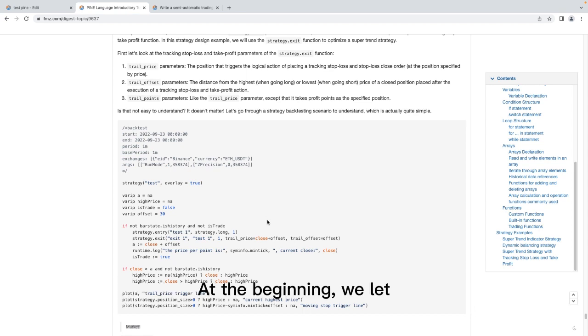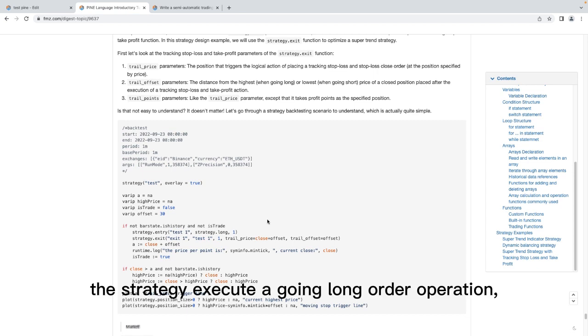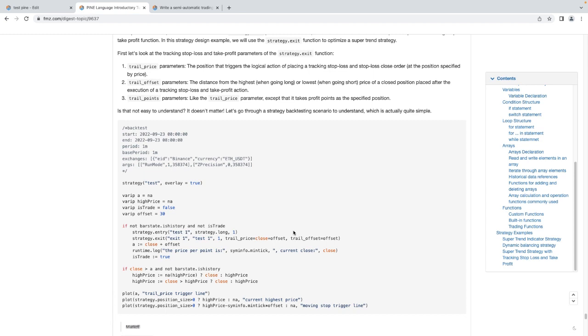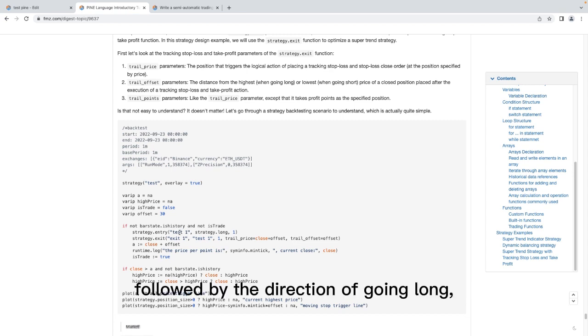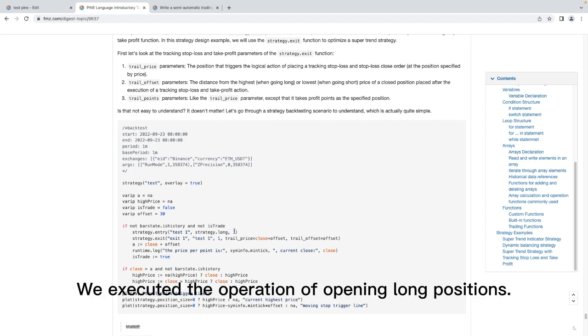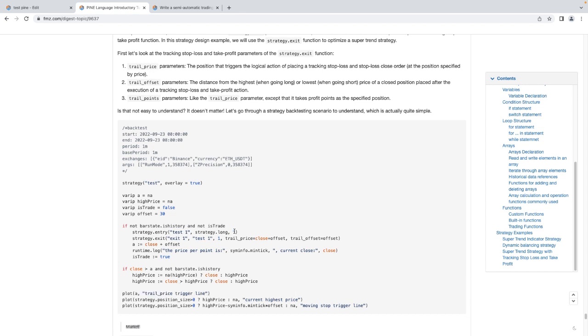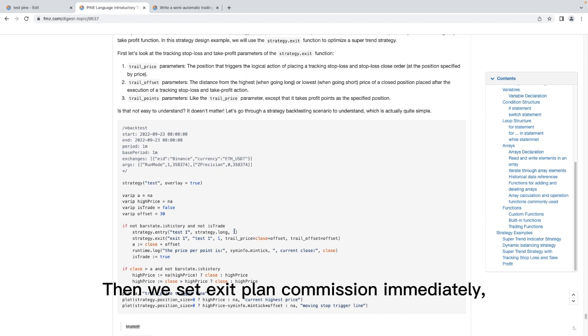At the beginning, we let the strategy execute a going long order operation. We placed an order with the label test1 here, followed by the direction of going long. And the order quantity is 1 here. We executed the operation of opening long positions. Then we set exit plan commission immediately.